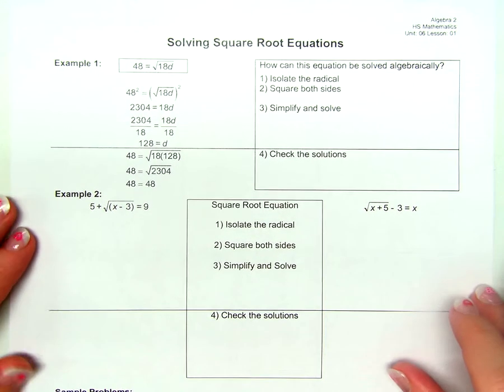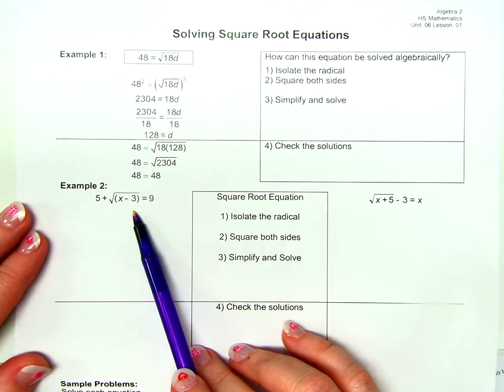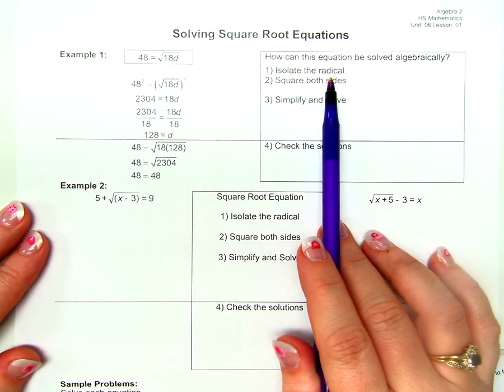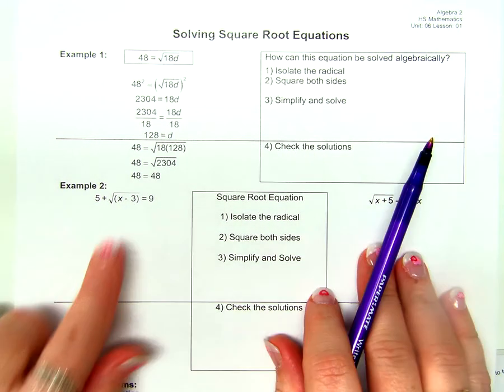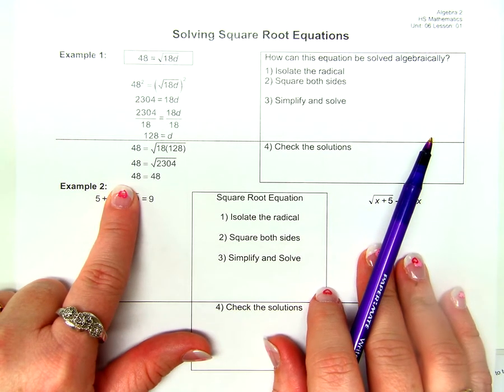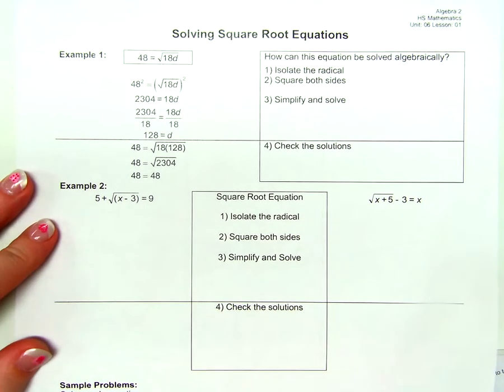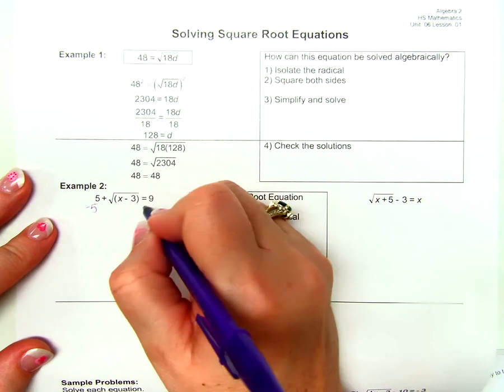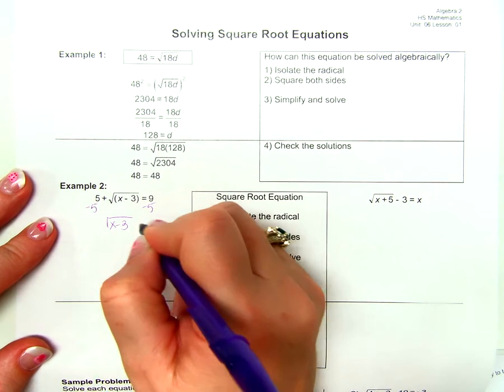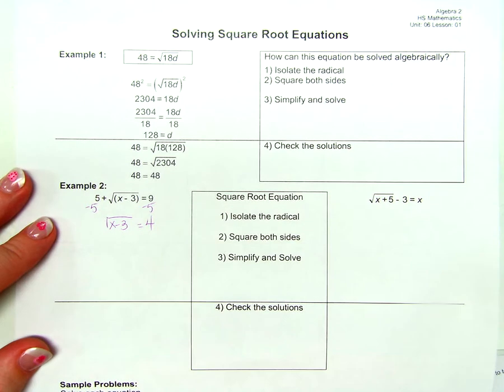You ready? First one. First step is the radical by itself? If I cover it up, is there anything else on that side of the equal sign? The 5, right? What do I do with the 5? Subtract 5 from both sides. Good. So I get the square root of x minus 3 equals 4.